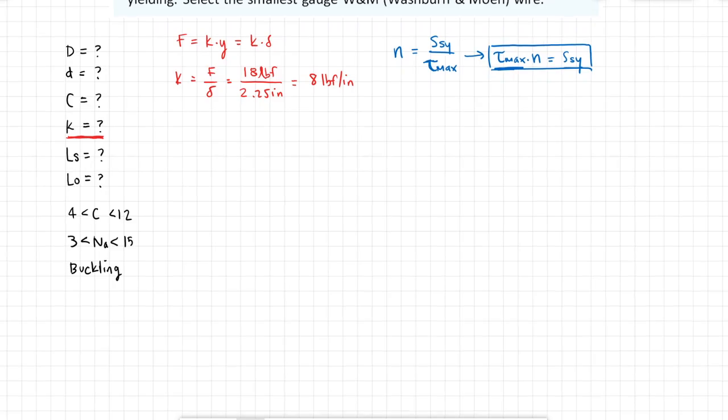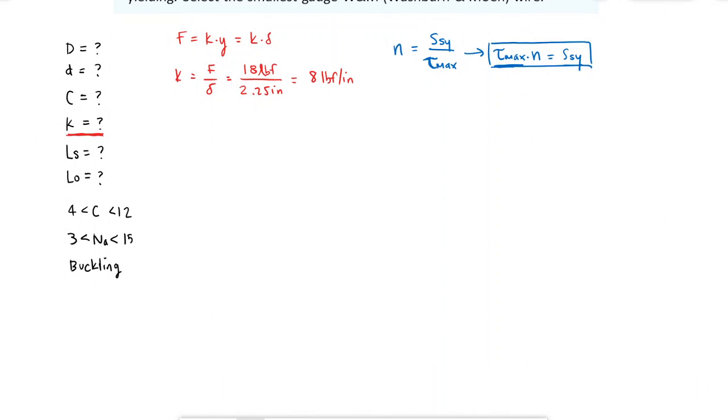So I have that my maximum shearing stress, which is the correction factor, times 8 F max times D over pi d cubed, times the design factor N, has to be equal to the shearing yield strength.